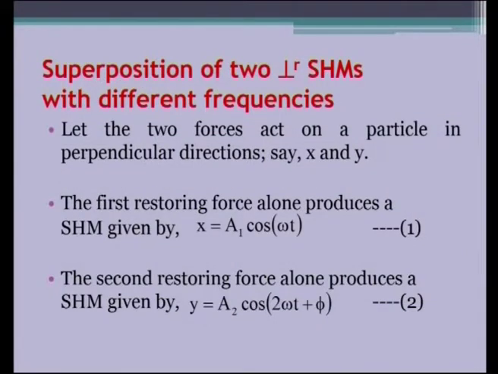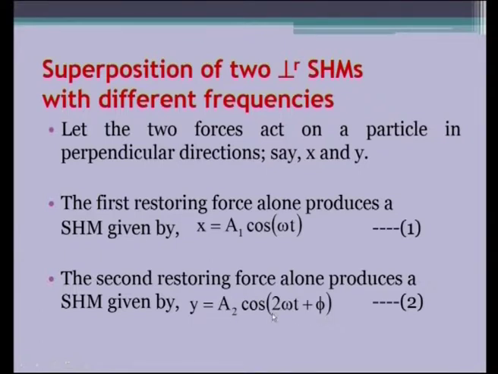Superposition of two perpendicular SHMs with different frequencies. Let the two forces act on the particle in the perpendicular directions, say x and y. The first restoring force alone produces an SHM given by this equation, x equals A1 cos omega t. The second restoring force alone produces an SHM given by y equals A2 cos(2 omega t plus phi).